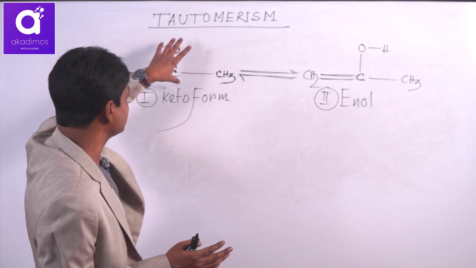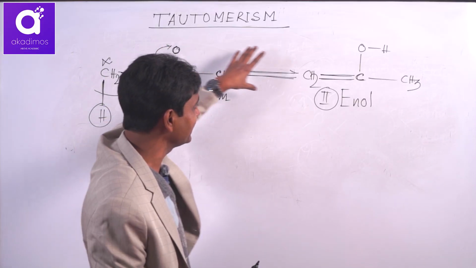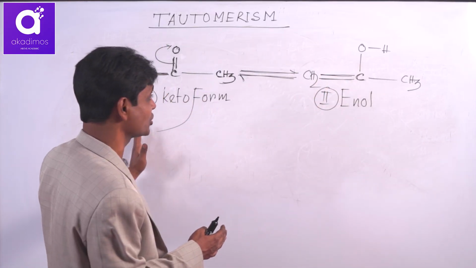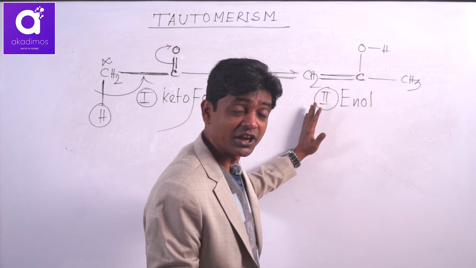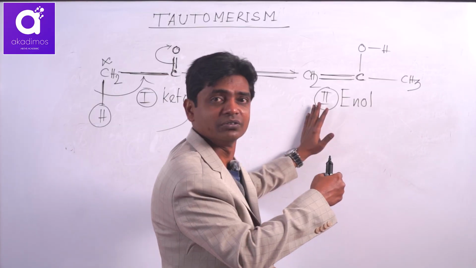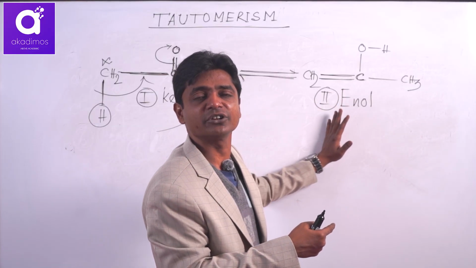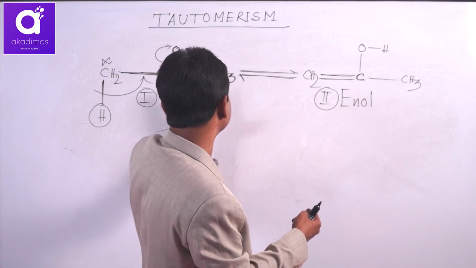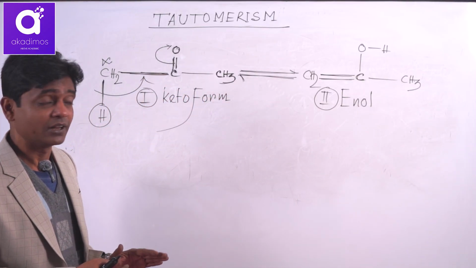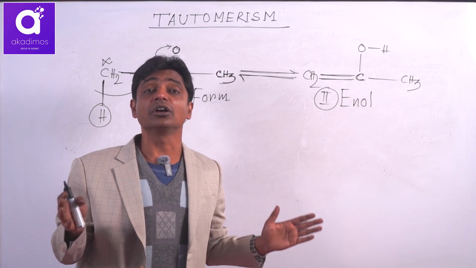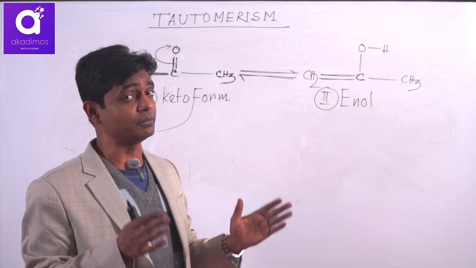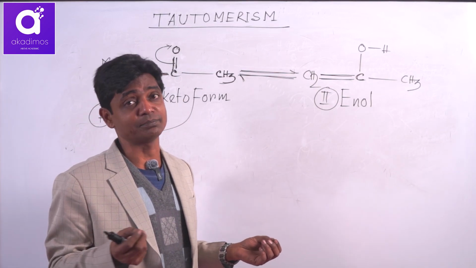That's why this keto form is generally more stable than enol. That's why its contribution is more, the enol's contribution is less, but never zero. You will get some contribution of enol form, and they are in equilibrium. Any equilibrium phenomenon is always thermodynamically controlled. Stability will tell you which one is major and minor.